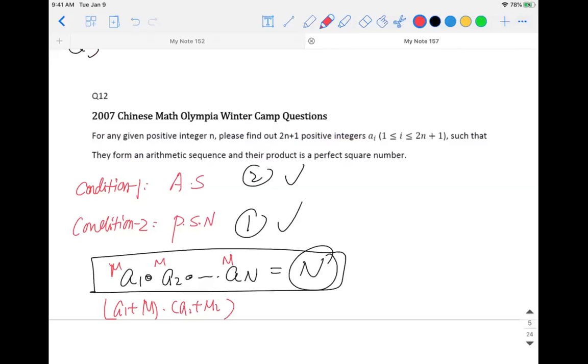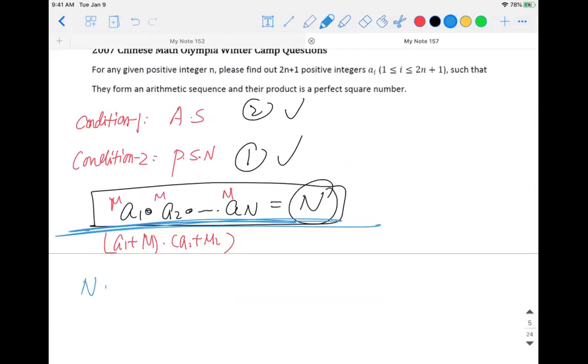Is that right? If this is our seed, the basic one, what I'm going to do is something like this. N times A1, N times A2, N times A3, all the way to N times A(2n+1), right?